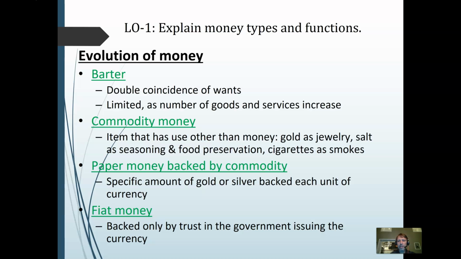Then we moved to commodity money, where we used gold, or salt or jewelry or cigarettes as a way to exchange for lots of other services and goods. As society became even more complicated, we started printing paper money backed by a commodity, usually gold or silver. So you could exchange the money for a certain amount of gold or a certain amount of silver.